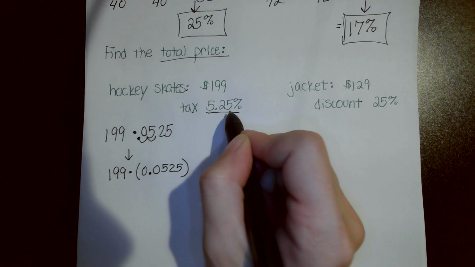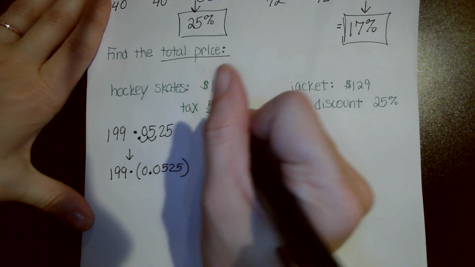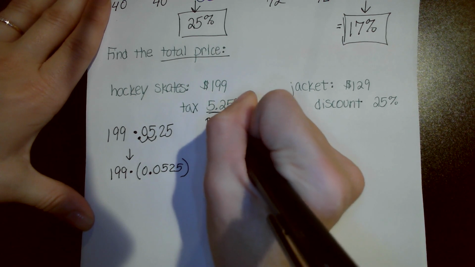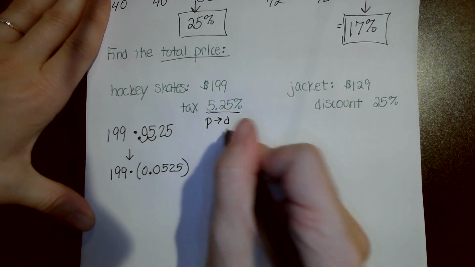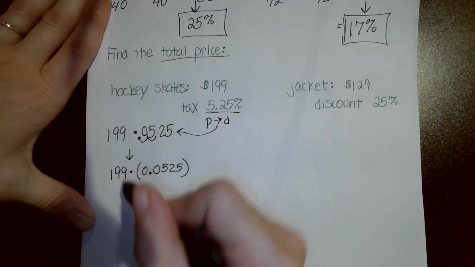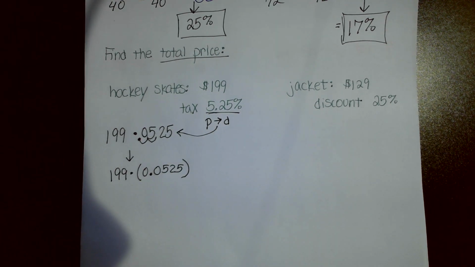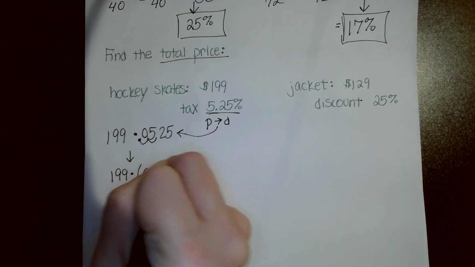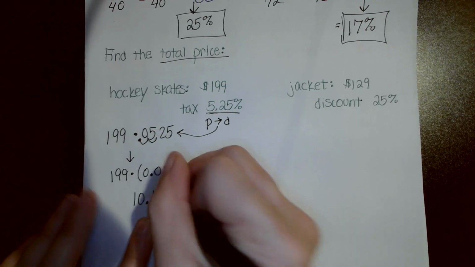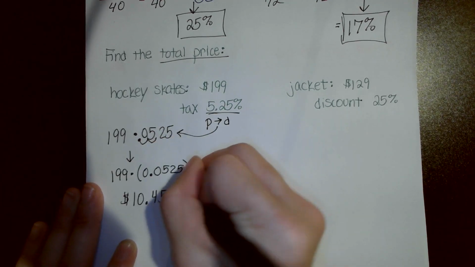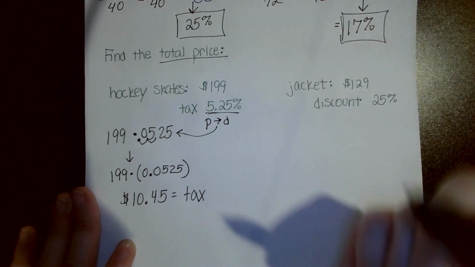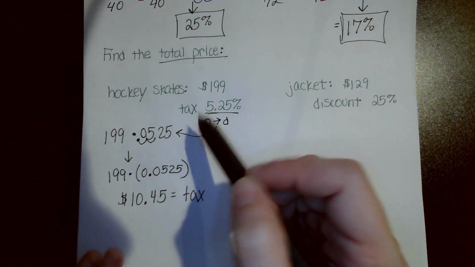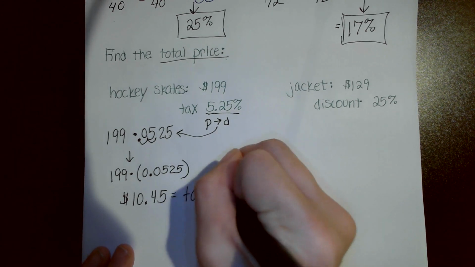So we're taking the percent and making it into a decimal first. So percent to decimal. That's how we get here. Then we just rewrote it so it's not confusing. And now we multiply. 199 times 0.0525. So that's 10.45. So that is the tax. But we want the total price. So since it's a sales tax, we add that to it. So tax means add.